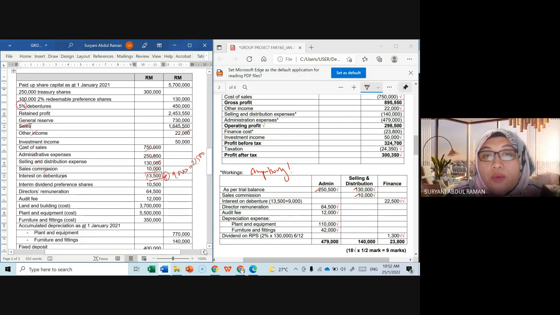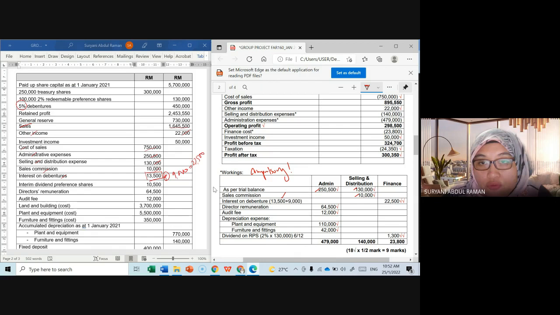The amount that we should pay for the year is 22,500. But we only pay 13,500. So what shall we do with the 9,000? We shall add. You see this? Because you get two ticks here, one for this one, another one for the adjustment. So the overall interest on debenture is 22,500.